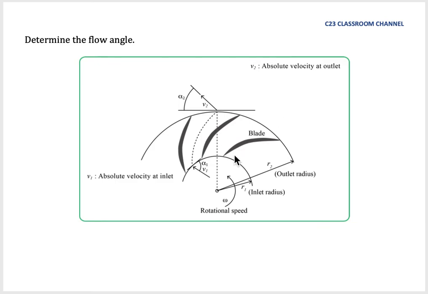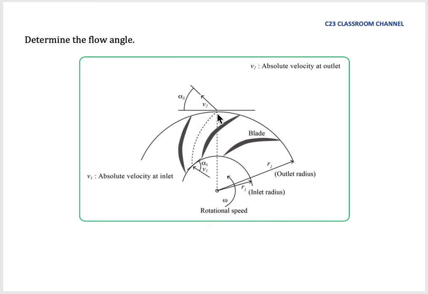Next, we need to determine the angle of the absolute velocity. It's very simple. We have the absolute velocity V1 here, and then we draw a tangent line to the circle here, and this angle is called the absolute velocity angle, or the flow angle, meaning the angle of the water flow to the blade.